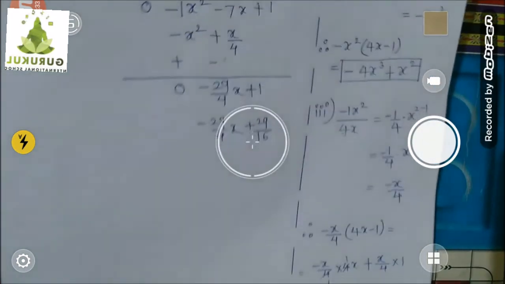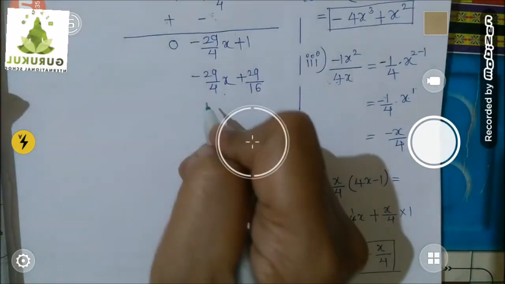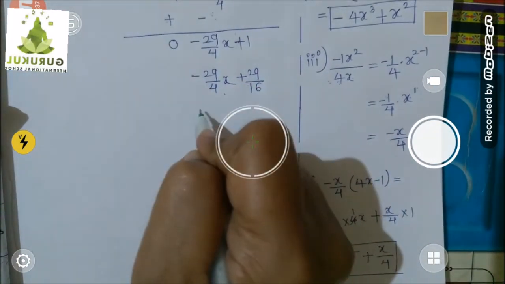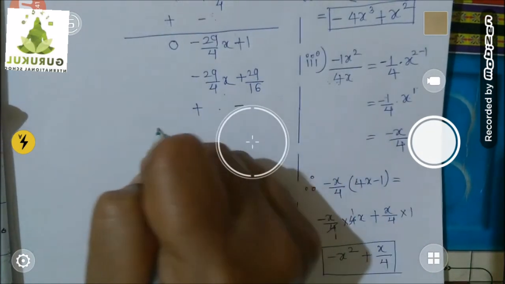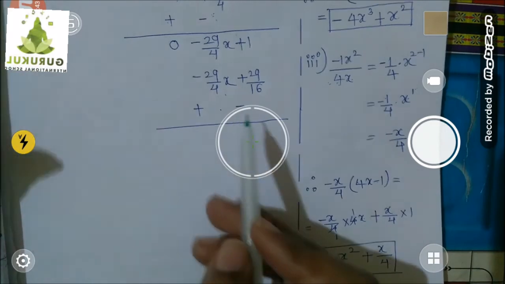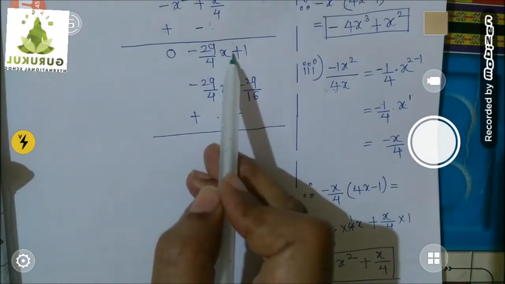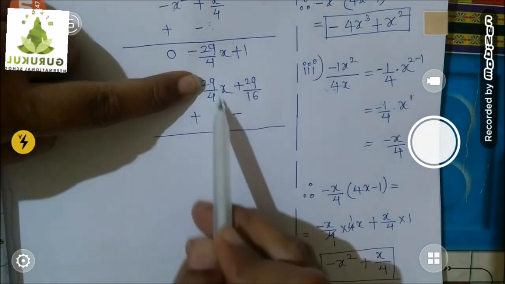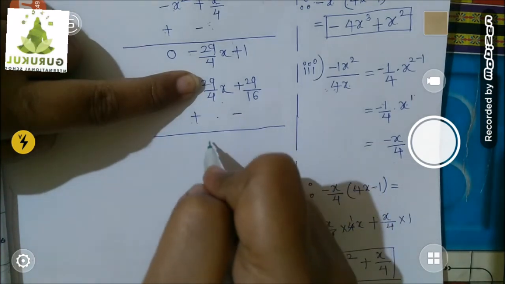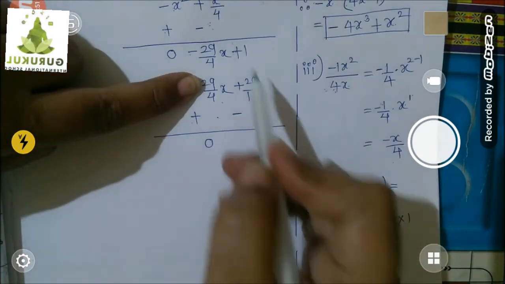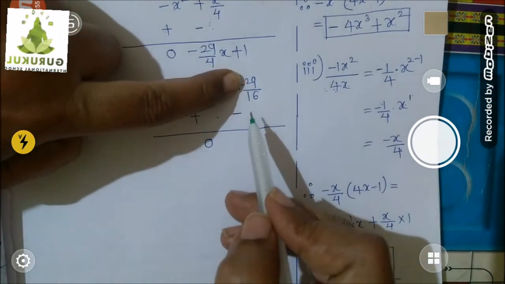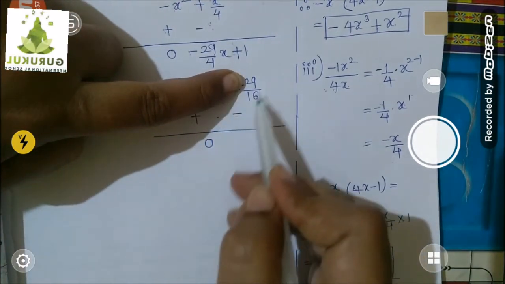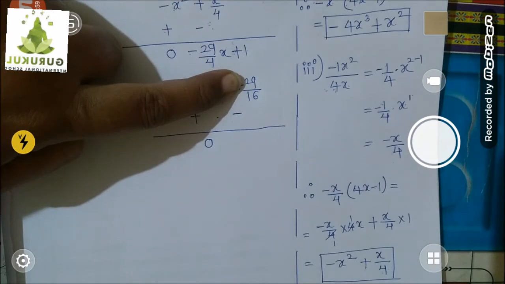Do you understand? Now children, time for subtraction. This minus becomes plus, this plus becomes minus, subtract it. Now you can see minus 29 upon 4x and plus 29 upon 4x, the answer is 0. Now plus 1, and the original sign you forgot, plus 1 and minus 29 upon 16.